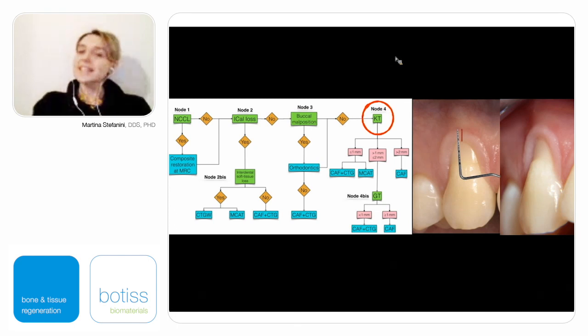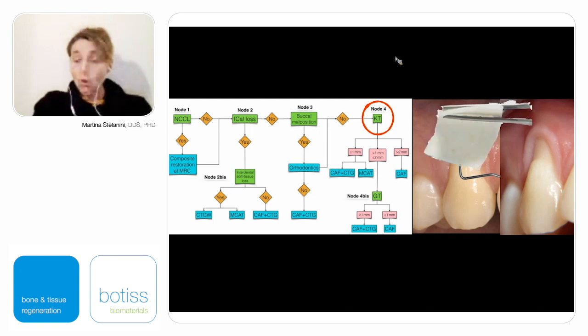So in this case, where we have enough keratinized tissue, like in the presented case, where you can see we have 1-2 millimeters of keratinized tissue, we can trust in the coronally advanced flap to obtain complete root coverage.